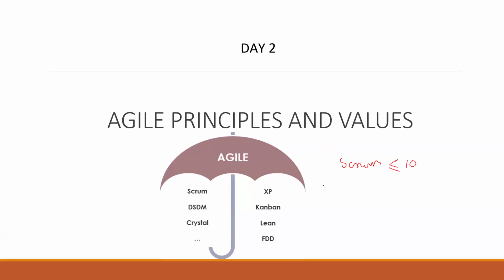Next, we have 3 roles in Scrum: the product owner, which we will talk about next, a Scrum Master, and the developers. They are called developers irrespective of what they are doing, whether writing code or testing.